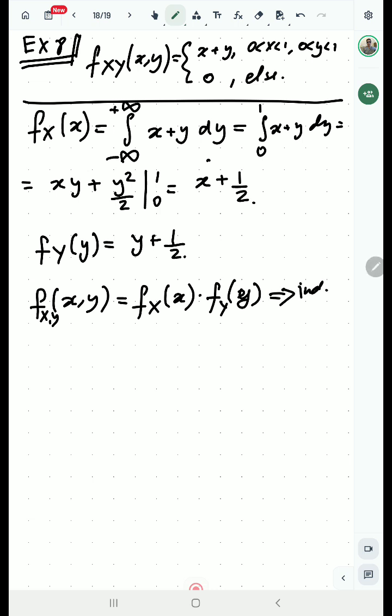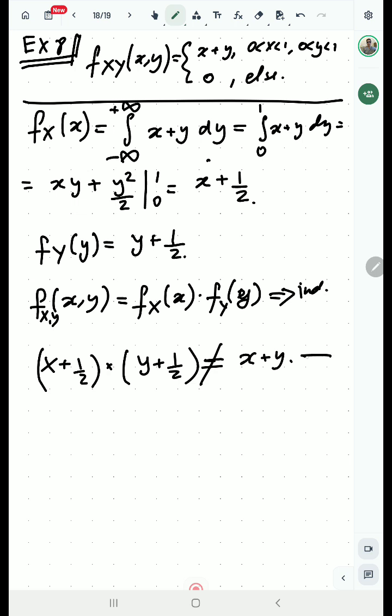But here, x plus 1 over 2, the marginal density of x, times y plus 1 over 2, the marginal density of y, does not give us x plus y. Therefore, this implies that random variable x and random variable y are actually dependent. Okay, great. Now let's move on.